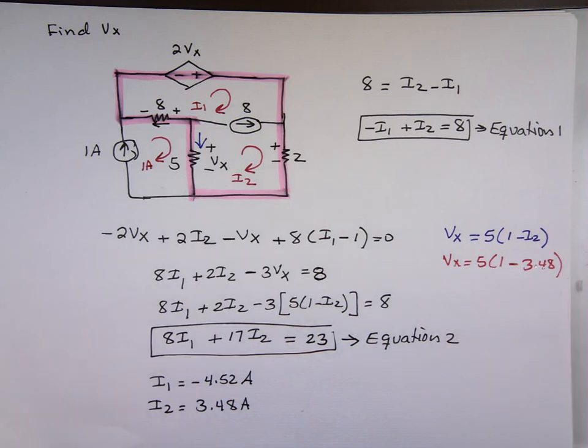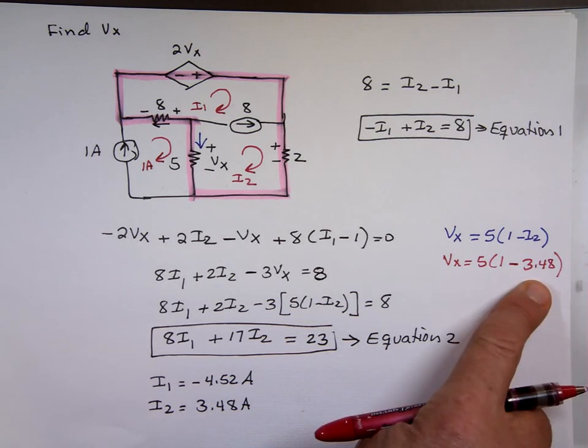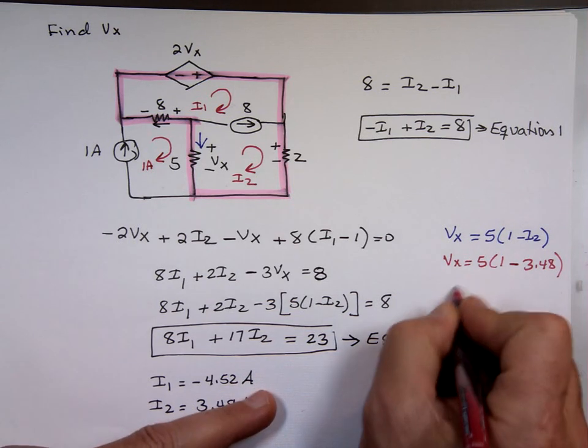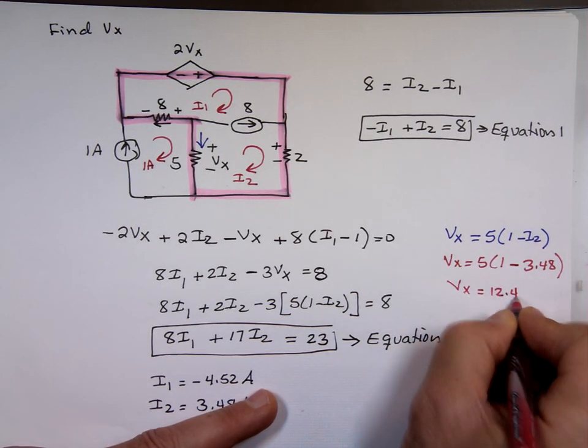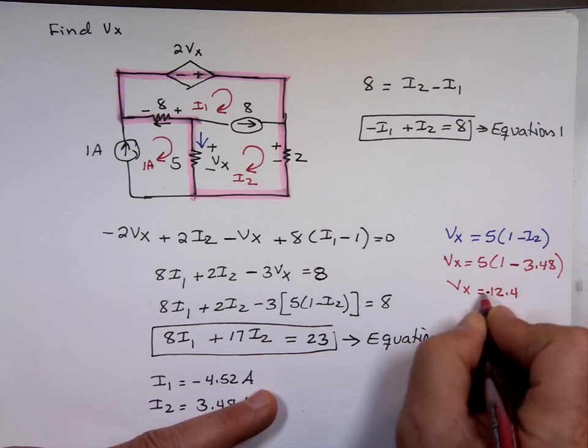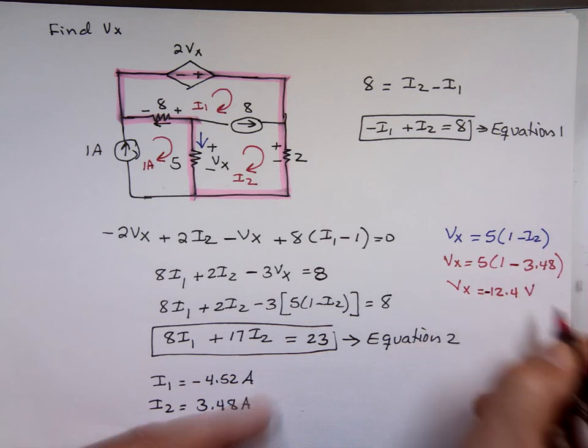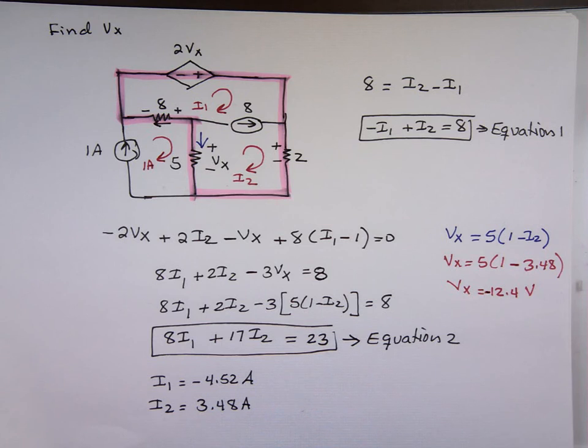So what's 5 times 1 minus 3.48? That's negative 2.48, times 5. So Vx equals negative 12.4 volts. Negative 12.4 volts.